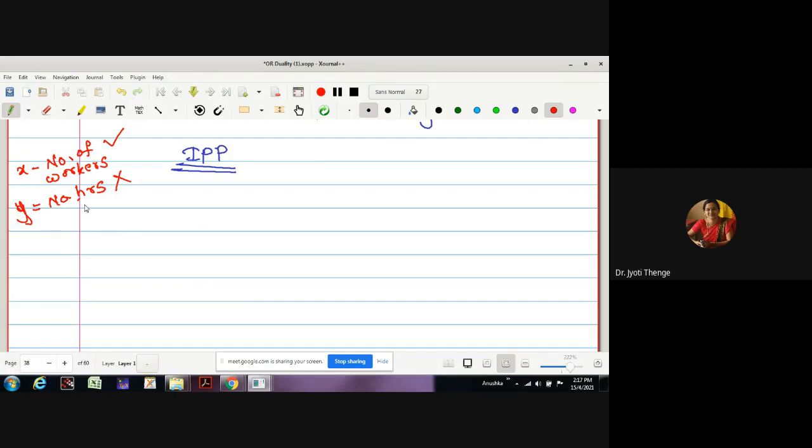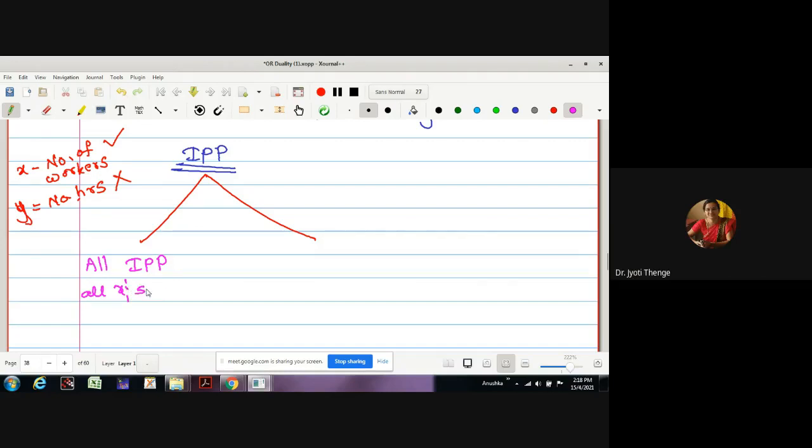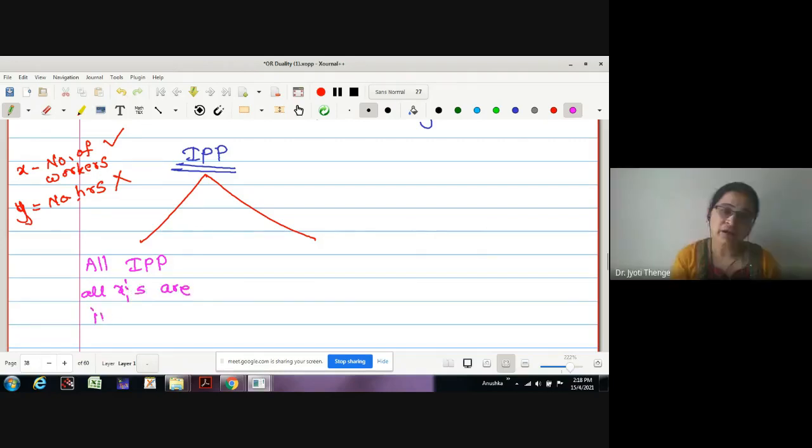Therefore, the integer programming problem is divided into two subparts. The first subpart is all IPP. All IPP suggests that all decision variables should have integer values: all xi's are integer valued. The second one is defined to be mixed IPP.